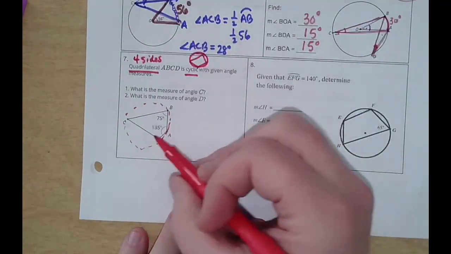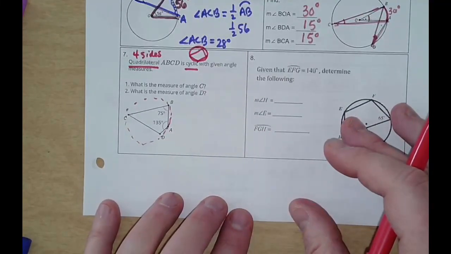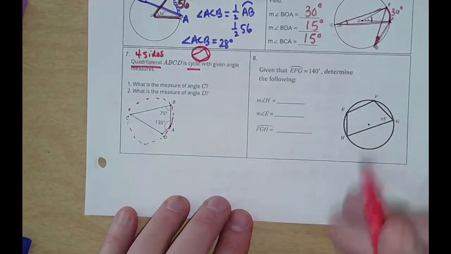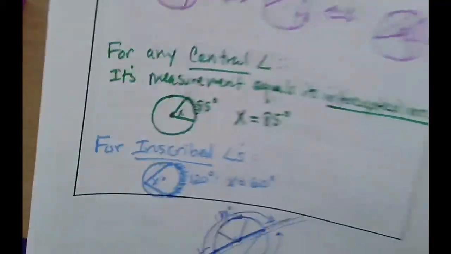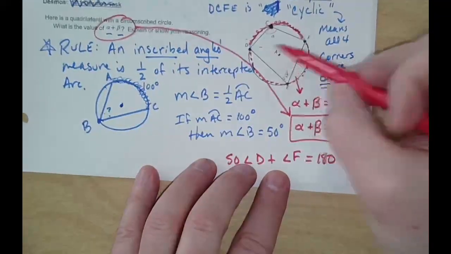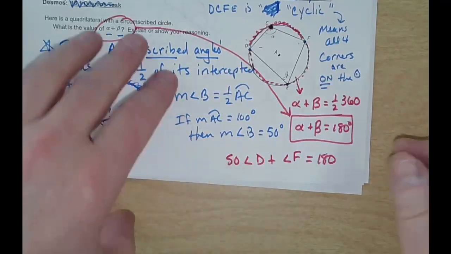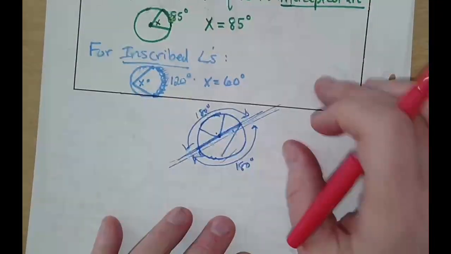Kind of misses down here, but that's hard to draw freehand. Now the rule is opposite angles. That's back on this page. One more page. The opposite angles add up to be 180 degrees. The opposite corners add up to be 180 degrees. I probably should have added that to my summary here.